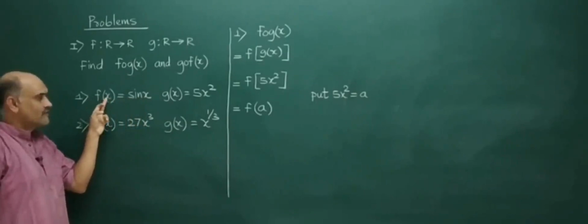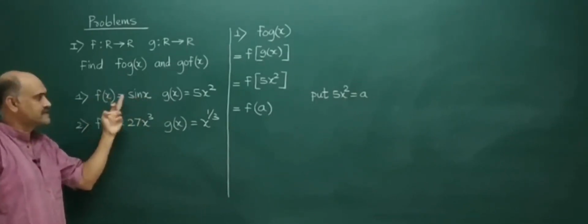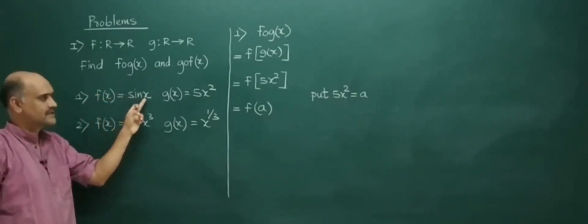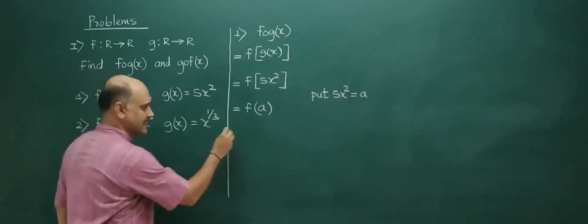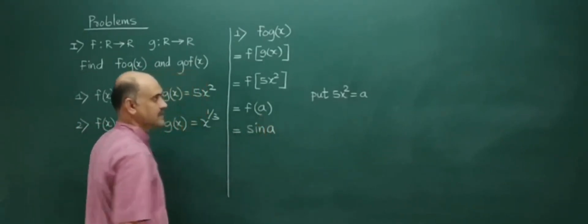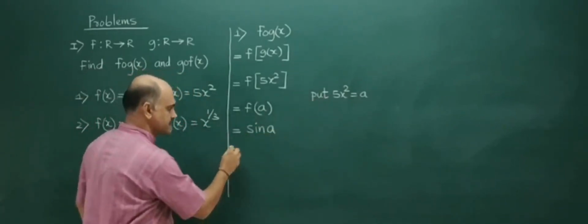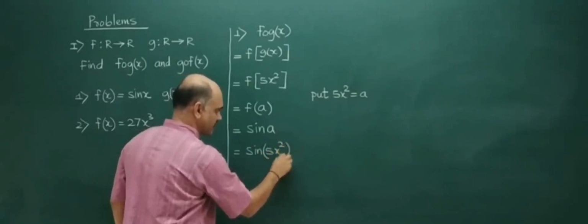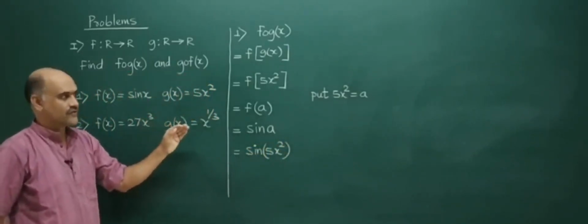Now suppose f of 30 is there, it will be sin 30. If f of 45 is there, it will be sin 45. If f of 10 is there, it will be sin 10. Similarly, f of a will be sin a. Now you substitute the value of a. So this is equal to sin pi x square. This is f of g of x.